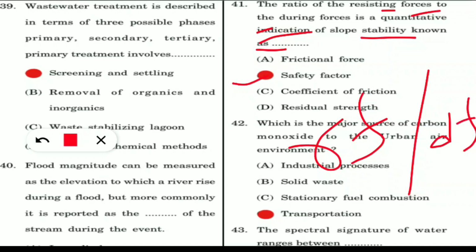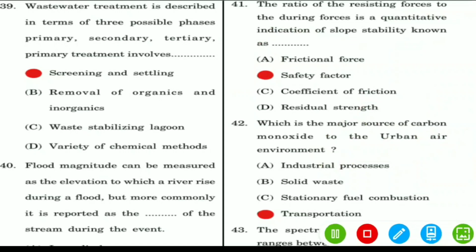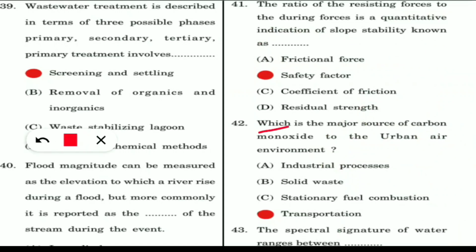It is a quantitative indication of the stability of any slope in the geographical area. So RF by DF, that is resisting force by driving force, is the safety factor. Coming to the next question, number 42. Which is the major source of carbon monoxide to the urban air environment? In urban areas, carbon monoxide is mainly released through transportation. So option D will be correct.